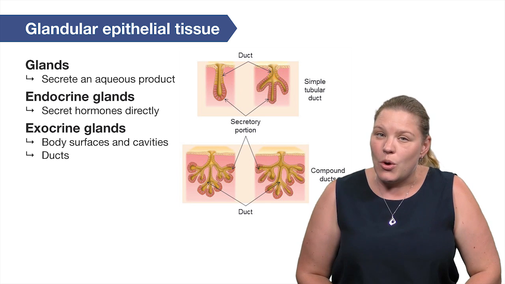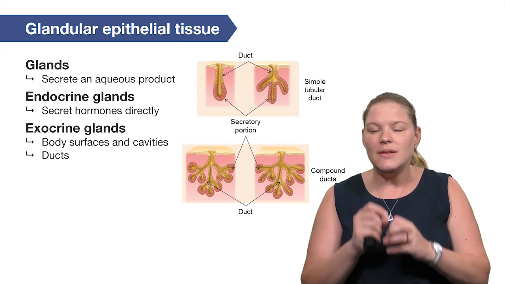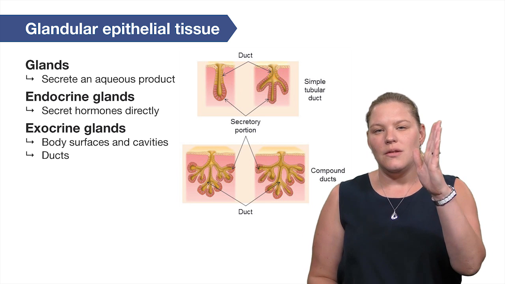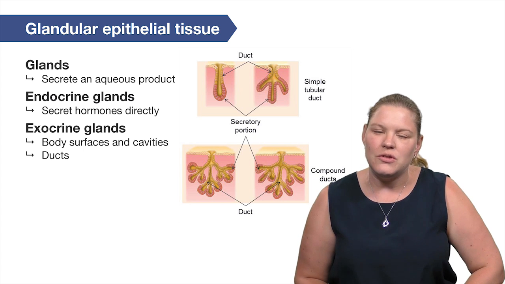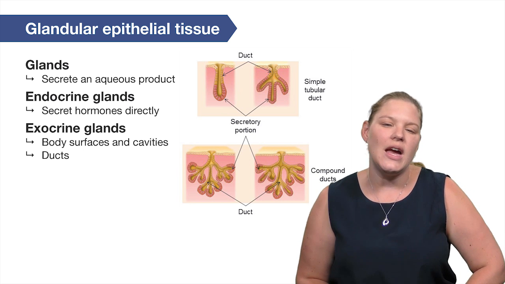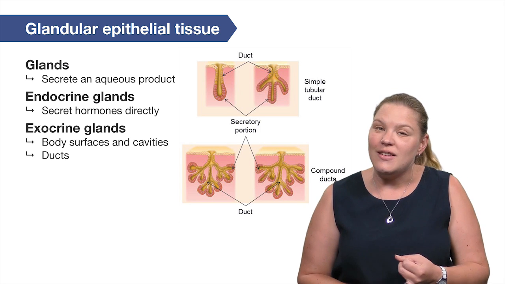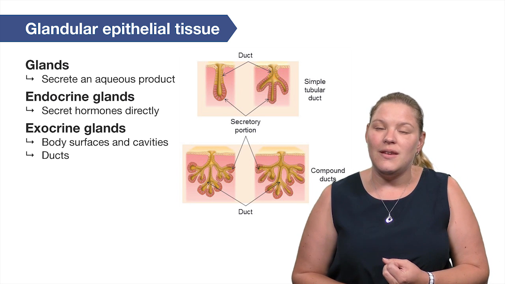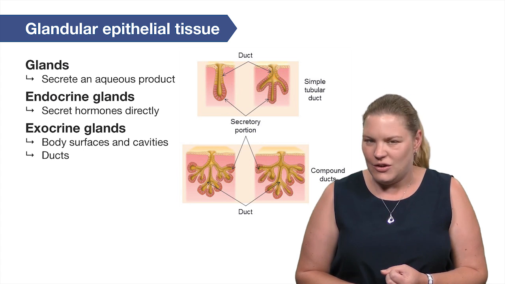We also have more complicated glands whereby we have multiple secretory portions going up into a single duct to be released. So it's just a general structure of the glands, but the important points to take are endocrine glands secrete hormones, exocrine glands secrete other substances such as enzymes, and endocrine glands don't use ducts, whereas the exocrine glands do.